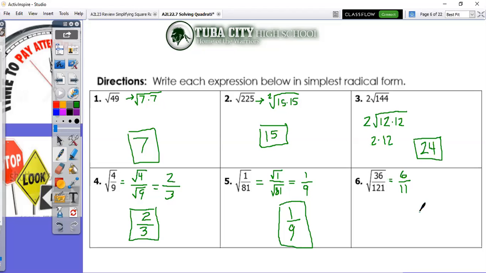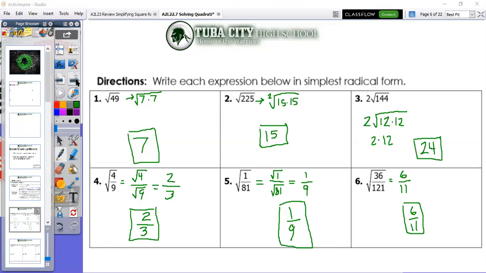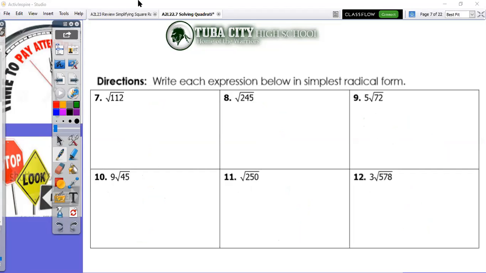But I want to show you a trick probably on the next slide on how you can use a calculator to easily find square numbers. But in the meanwhile, it looks like we are done with this slide. And off to the next one.